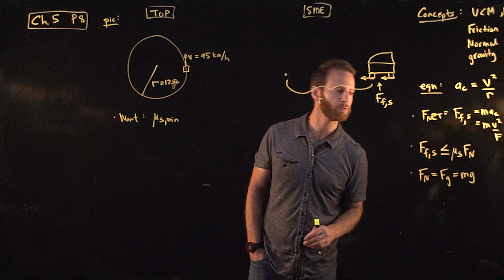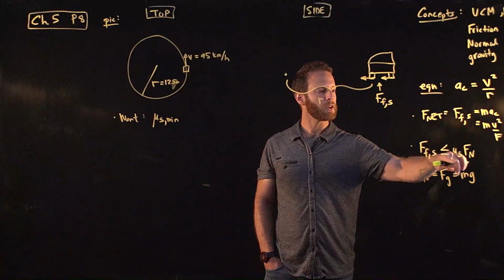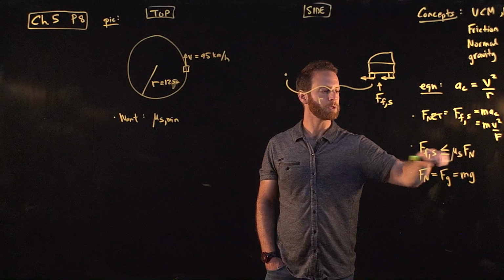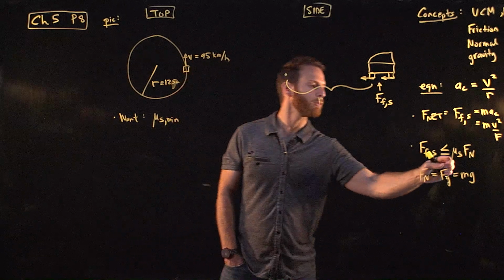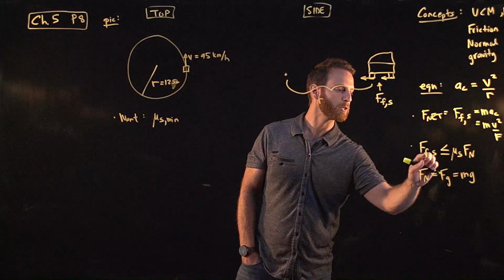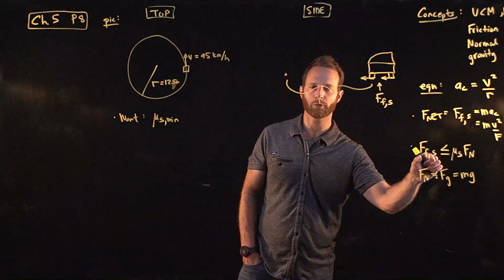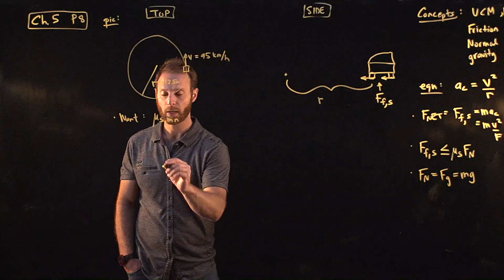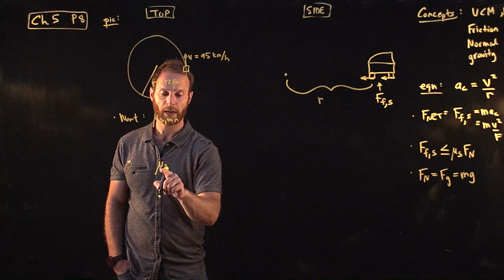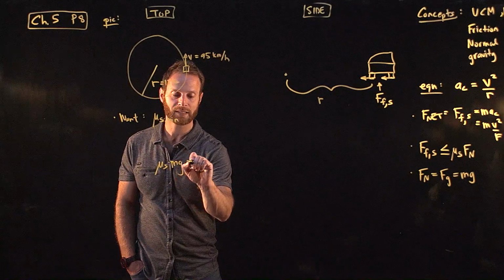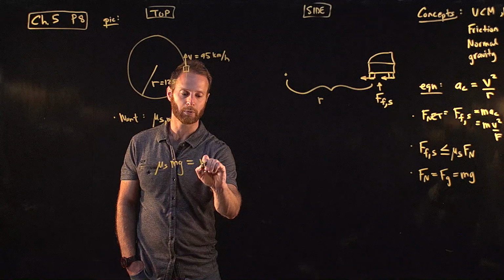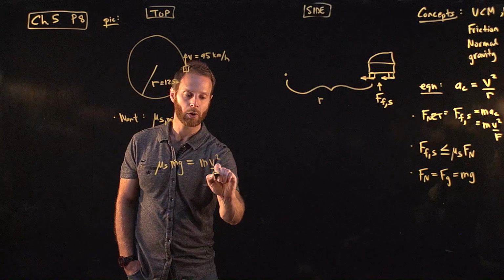The static frictional force must be less than or equal to this combination, but if we're looking for the minimum value of mu s, let's assume that the frictional force is as big as it can possibly be. In other words, the static coefficient of friction times normal force, which is just mg, let's set that equal to the centripetal force, mv squared over r.